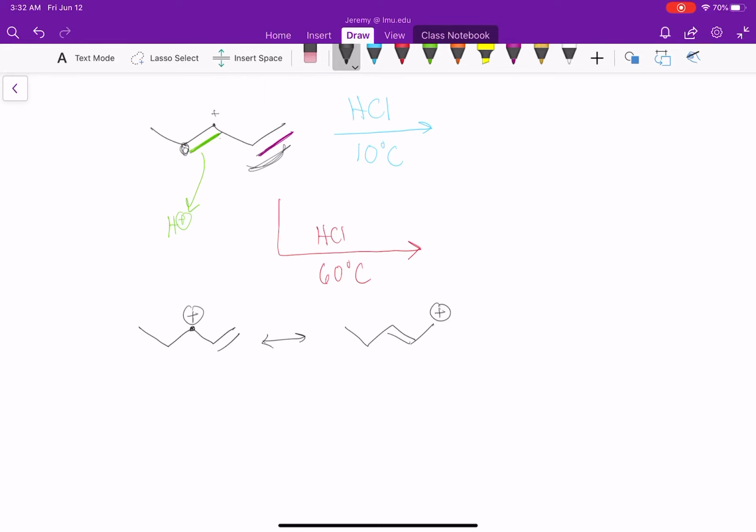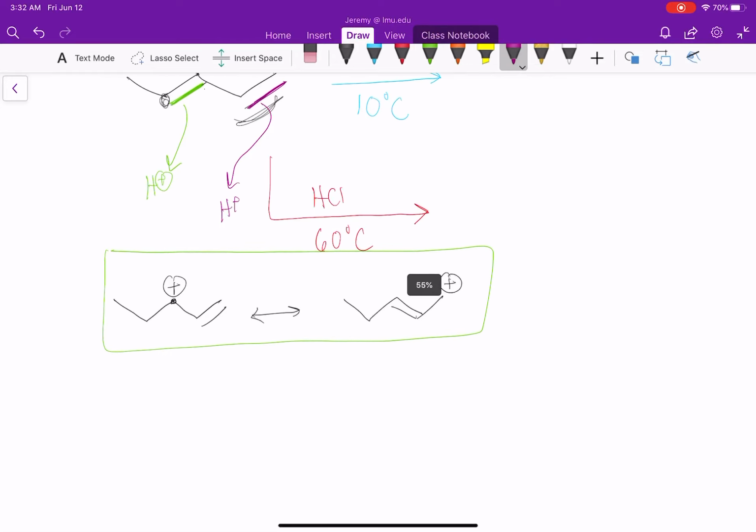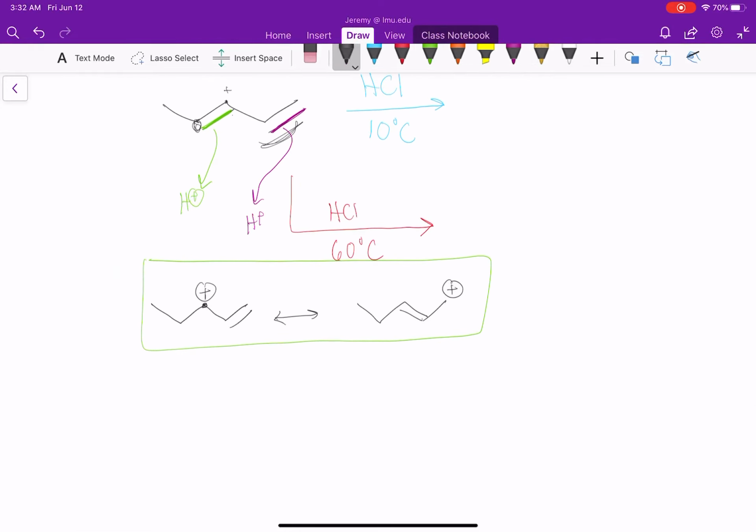Okay? If we protonate the purple alkene, right, so this one is our protonation step in green. If we protonate in purple, again, we're always going to put the H on the outside. H goes to the outside. The carbocation is closest.